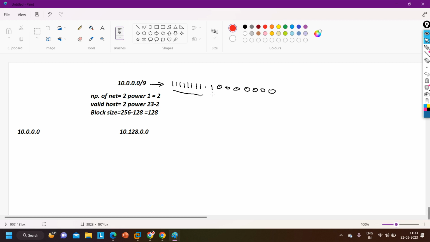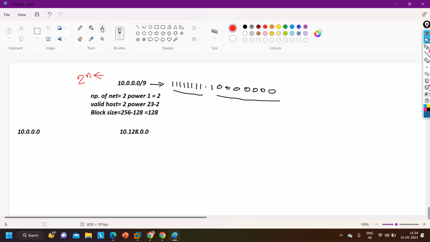So how many bits have we borrowed? 1 bit. So 2 to the power n, where n is the number of borrowed bits. These are the network bits which shifted into the host portion.